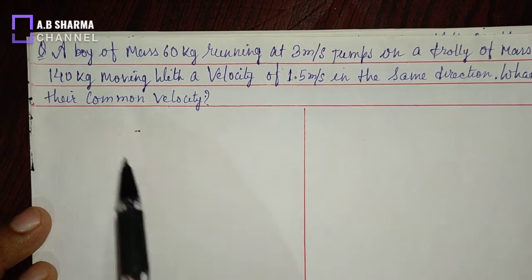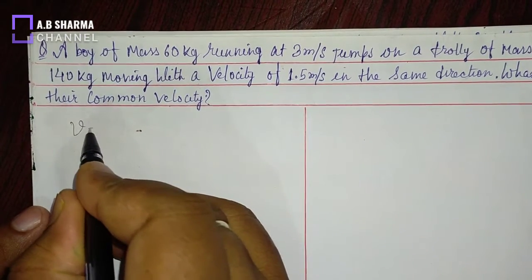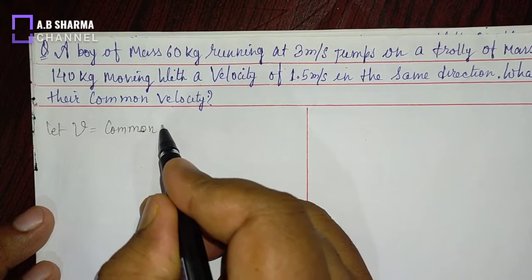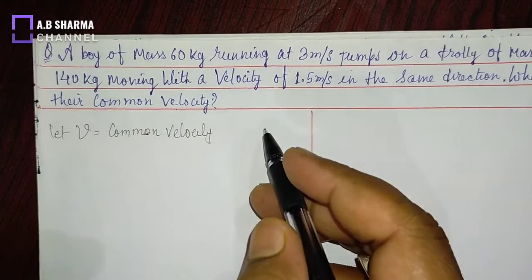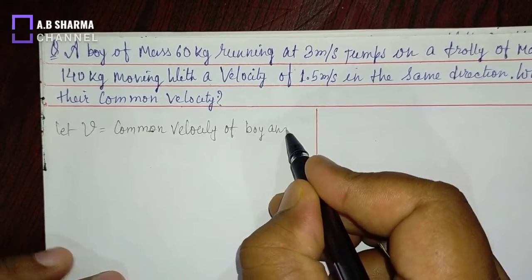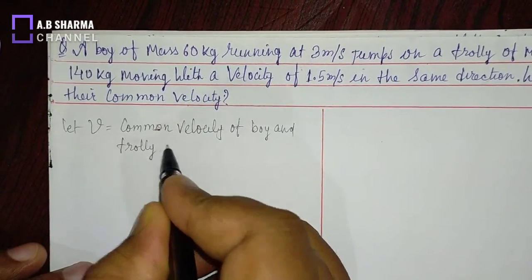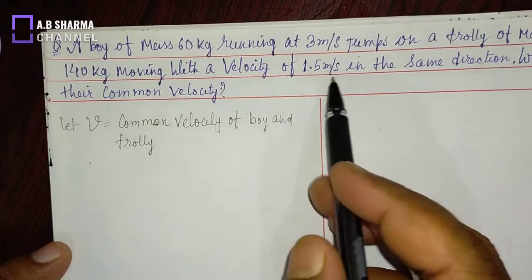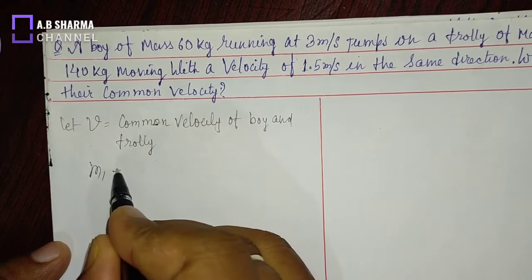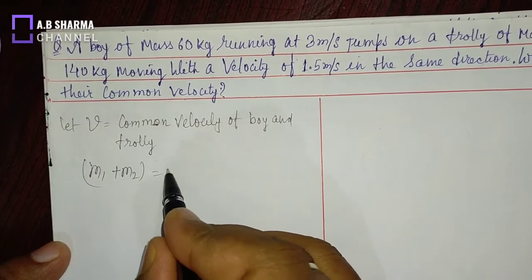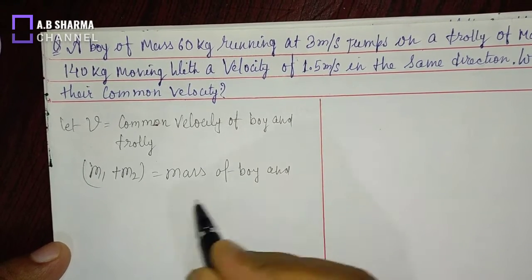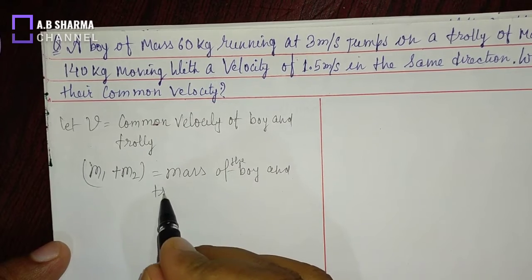So let V be the common velocity of boy and trolley, and since the boy jumps on the trolley, m1 and m2 are the masses of the trolley and boy.